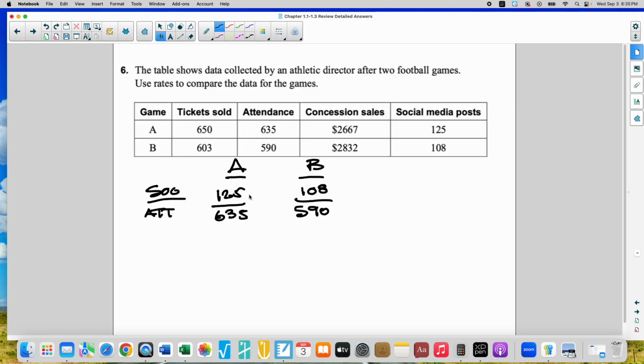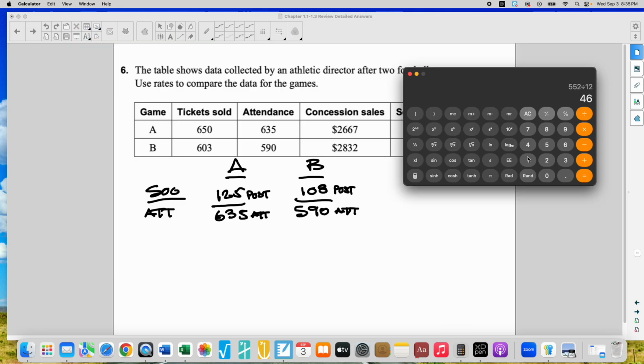So this is social posts per person, technically per attendee. This is posts per attendee. So we can't judge these at the moment because they're apples to oranges or apples to bananas because they don't have the same denominator.